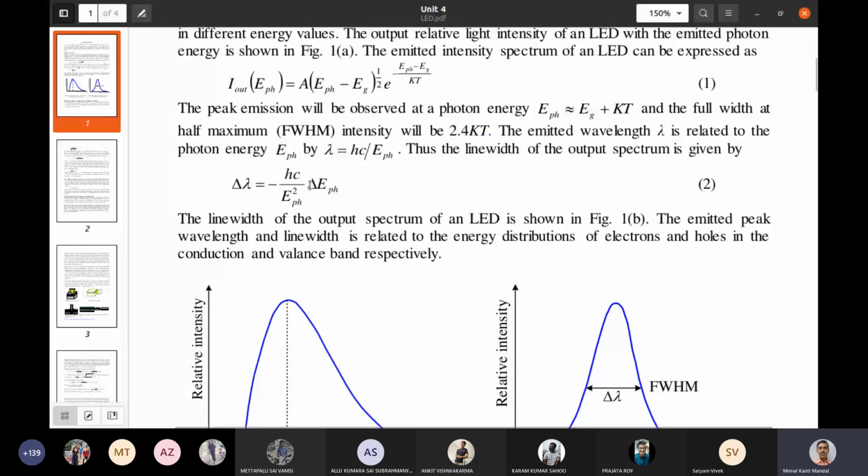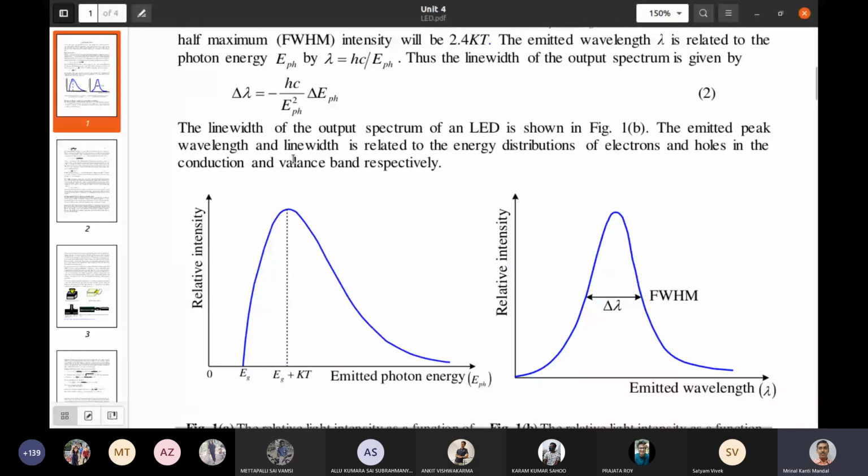That is the spreading of photon energy. The line width of the output spectrum of the LED is shown in the second figure.